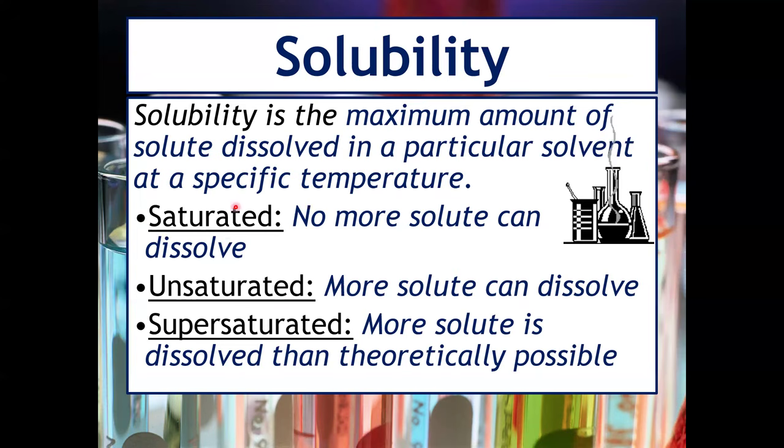In a saturated solution, we have reached the maximum. In the unsaturated solution, we have not reached the maximum, and so we can dissolve more and more solute. So basically, you can think of a saturated solution like the iced tea. Once you have added too much sugar and the sugar stops dissolving, that's saturated. The unsaturated solution will be when you first start putting sugar in the tea, and as you add more sugar, that sugar keeps dissolving because it has not reached the maximum yet.